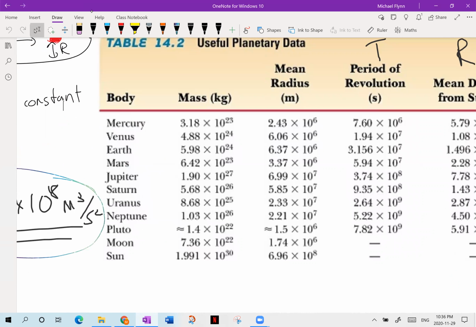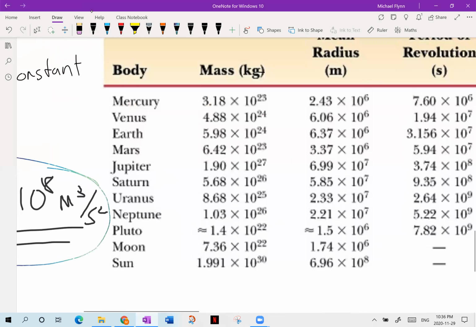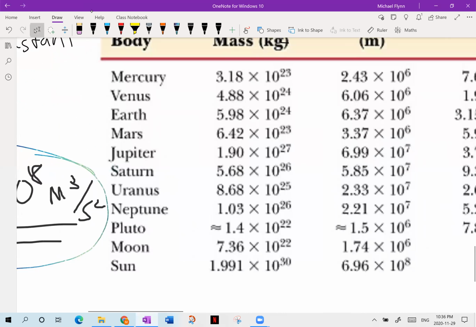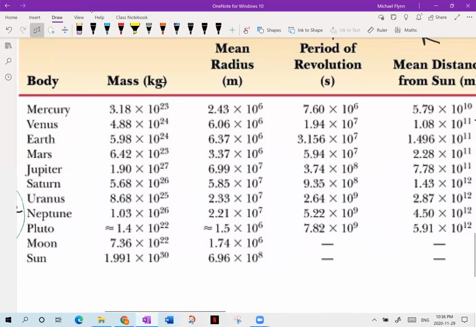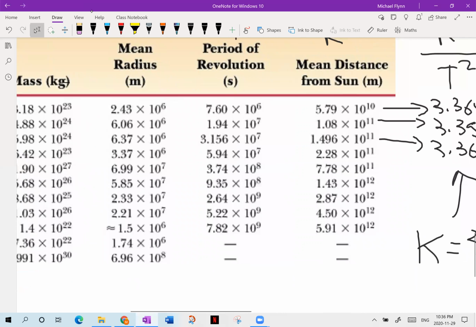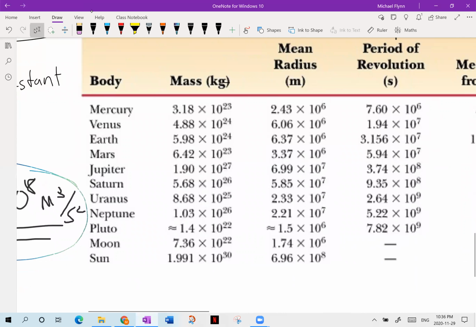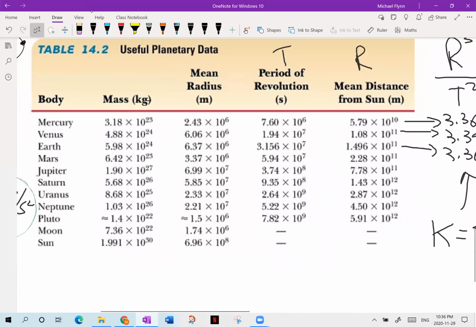All right, so here's the deal. Actually, we don't yet care about the mass, so you can ignore the mass for the moment. But here's a survey of our solar system. Now, you've got to be careful here. Let's go with Mercury, the first item in the table.